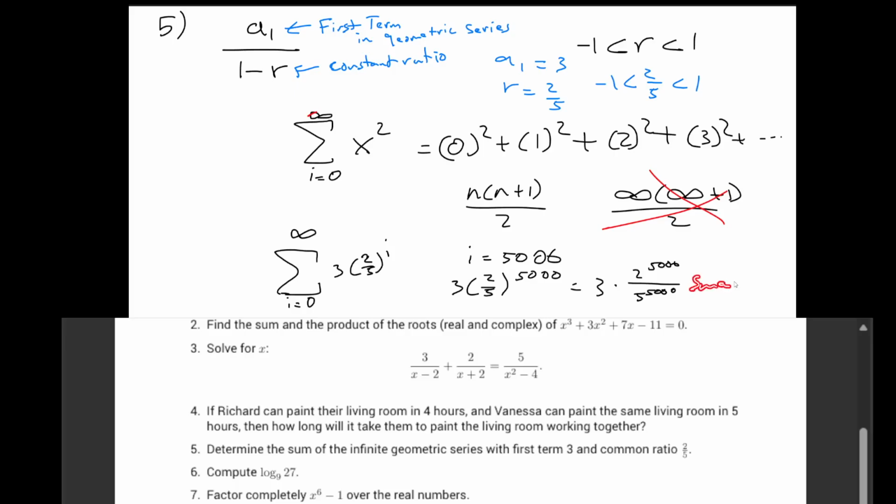Then 3 times that small value will get smaller and smaller, and because of that horizontal asymptote, it'll converge. You guys don't really know the vocab yet. It'll approach one constant value here, so then it'll be some definite sum.